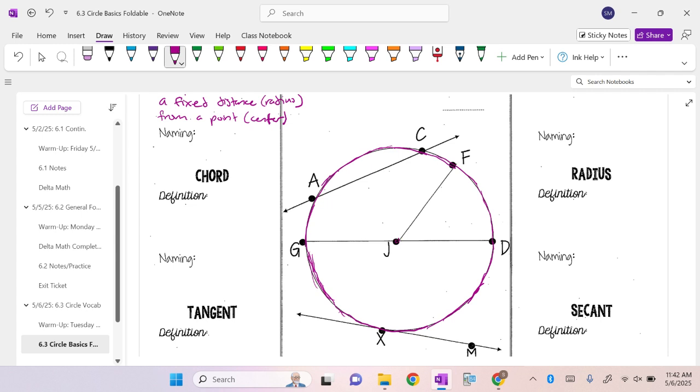J. So J here is my center. Now, we name circles based off of its center point. So the way we would draw this is that we draw a circle with its center point, and this will be labeled circle J. So it's literally just a small circle with a dot in the middle and the letter or number, whatever, of the center point.